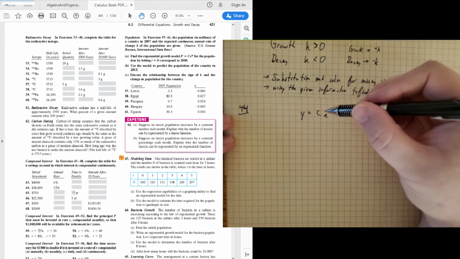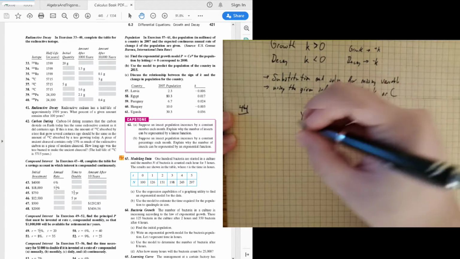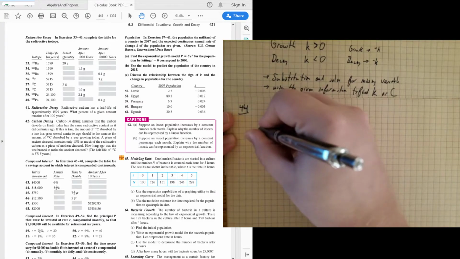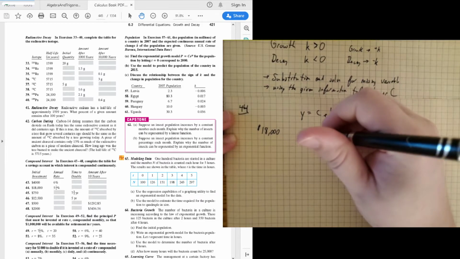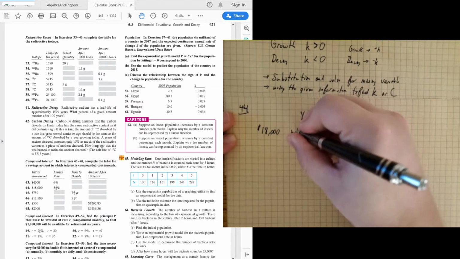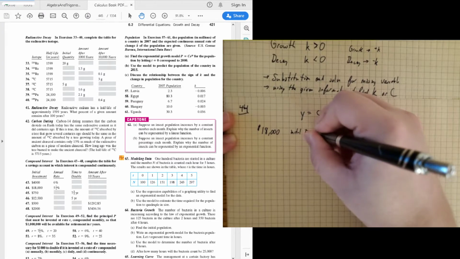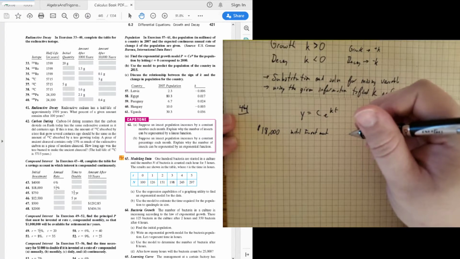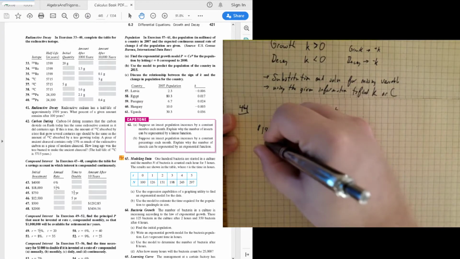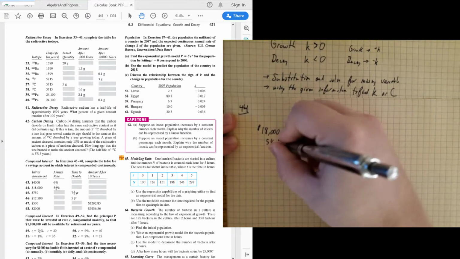And so in this example, in 44, it tells us we have $18,000. Nice little chunk of money, is my initial investment. And it's accruing at an annual percentage rate of 5.5%.